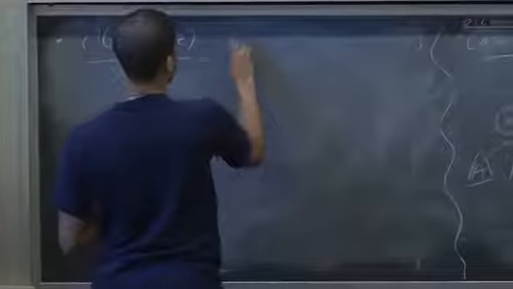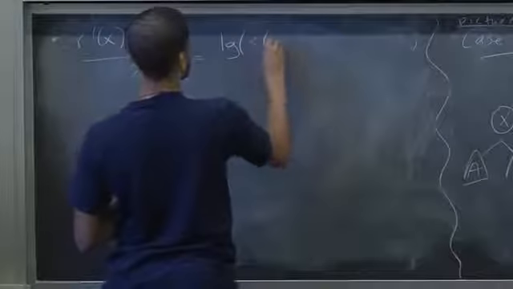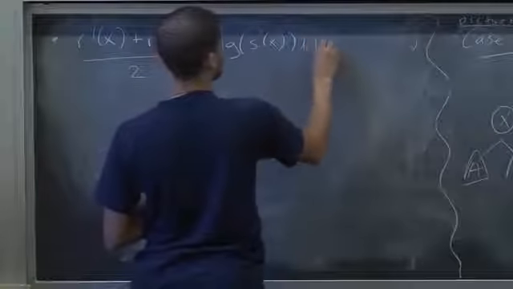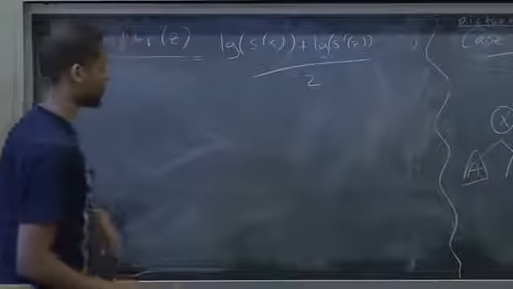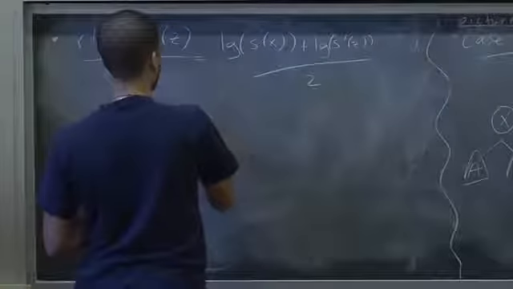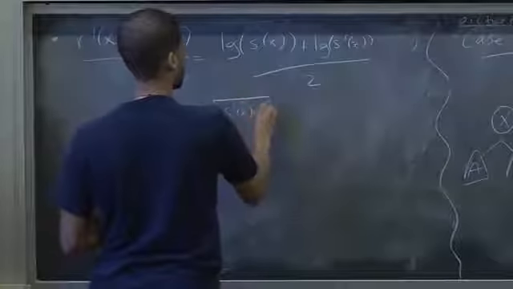This is log of s prime of x plus log of s prime of z over 2, which is the same thing as log of the square root of s prime of x times s prime of z.